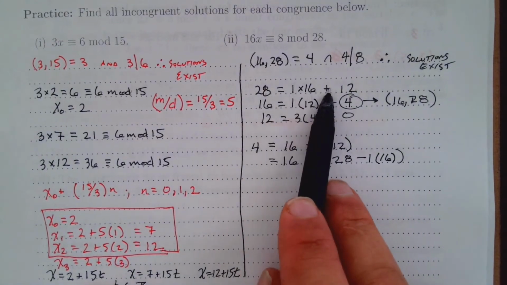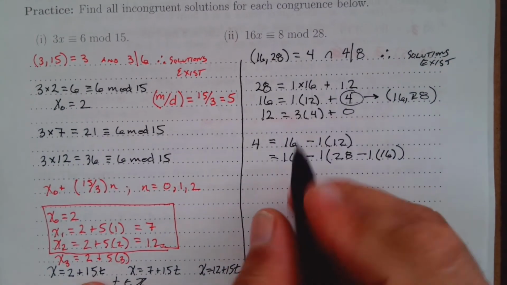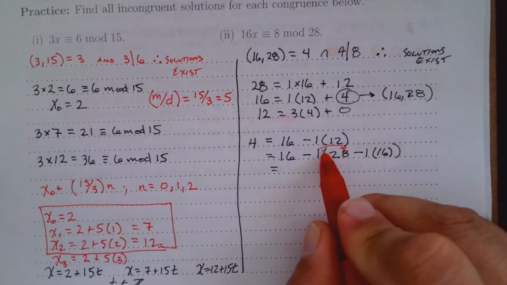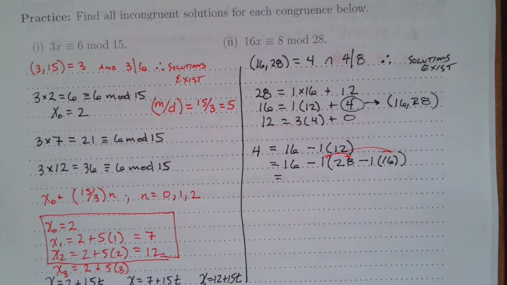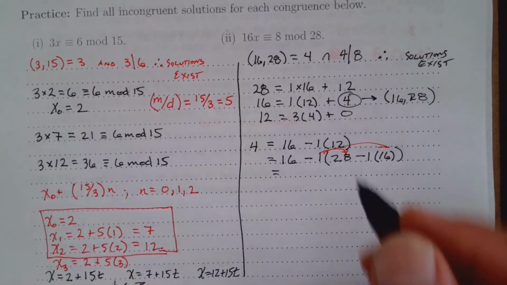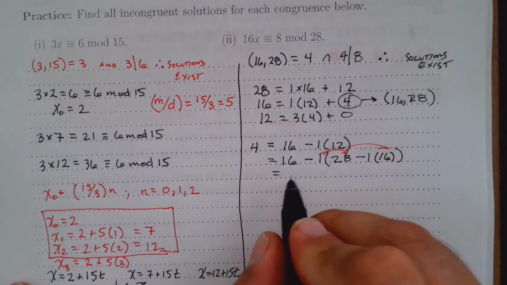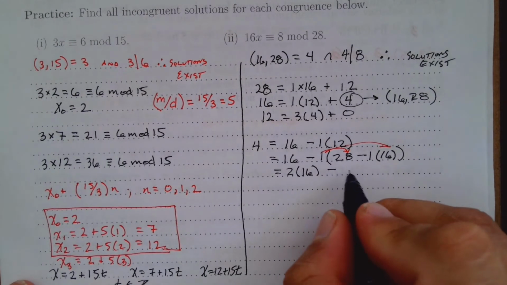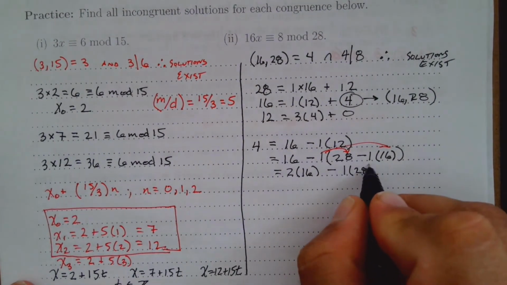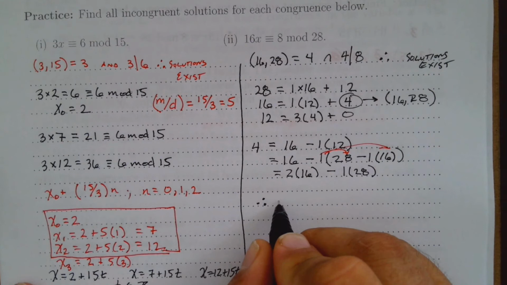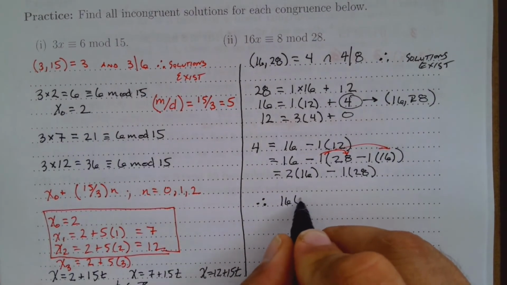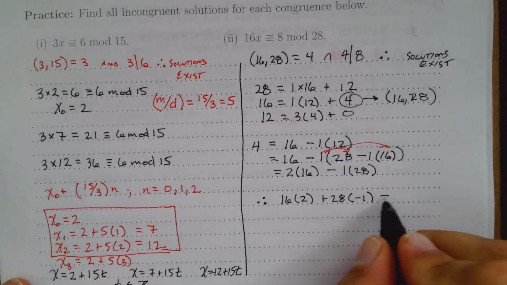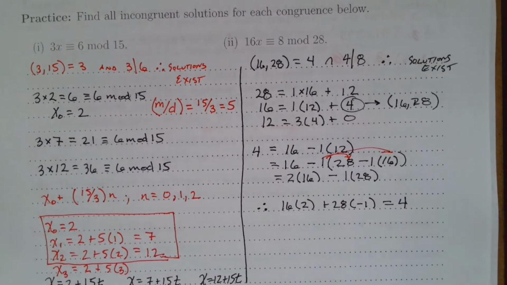If I use the distributive property, distributing this negative 1 to the 28 and to the negative 1 times 16, that gives me 2 times 16 minus 1 times 28. So therefore, I know that 16 times 2 plus 28 times negative 1 is equal to 4.